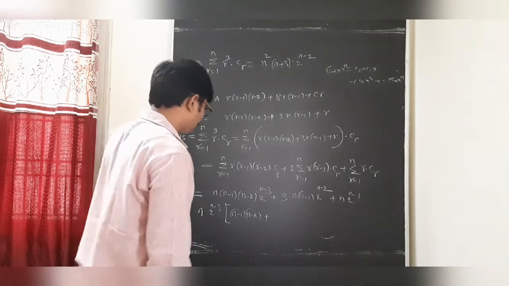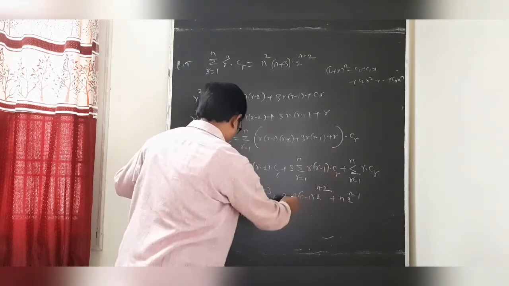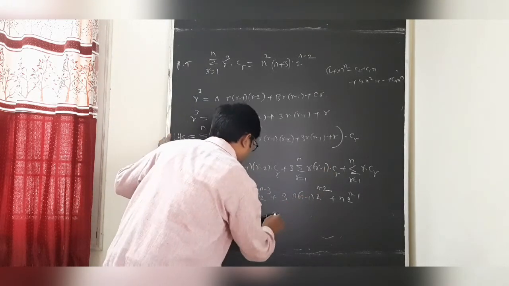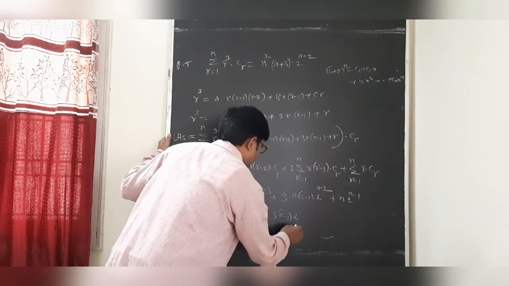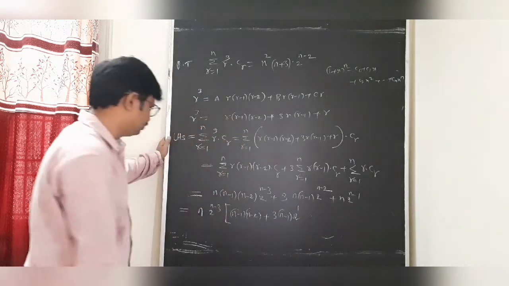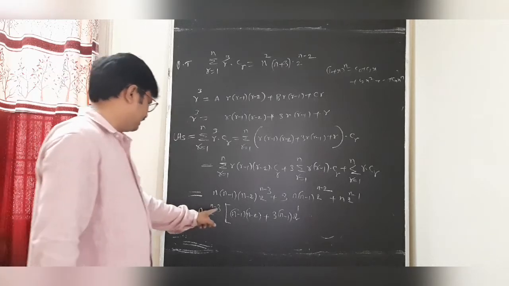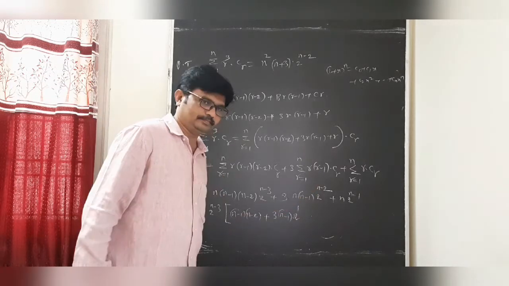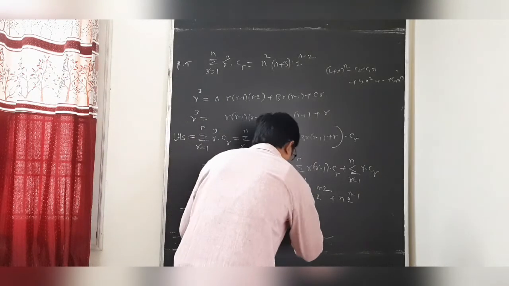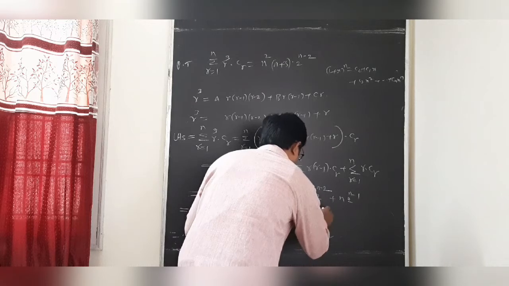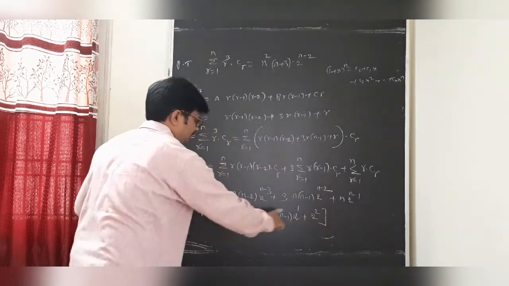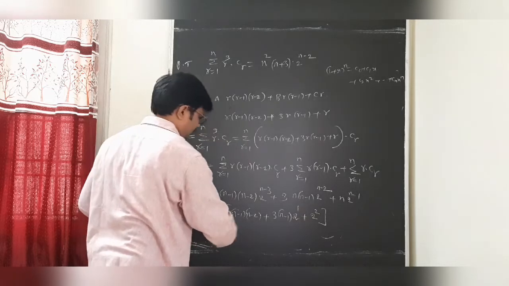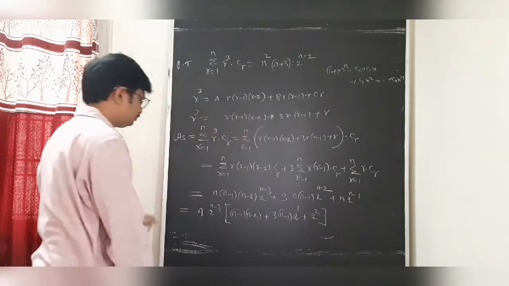So here n is taken common, 3 is there, and n minus 1 is there, and 2 power 1. So dear students, minus 3 plus 1 is minus 2. So this we can write directly 2 square. n is taken common. What is it students? Minus 3 plus 2, minus 3 plus 2 is minus 1.